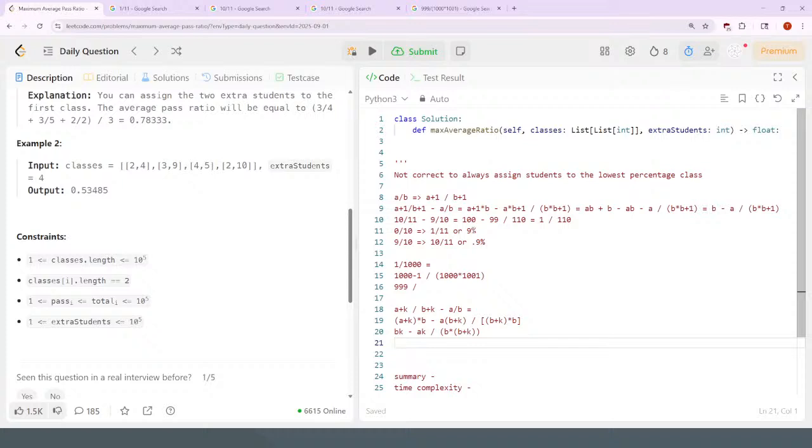So you can factor out the k. You're left with k times b minus a over b times b plus k.